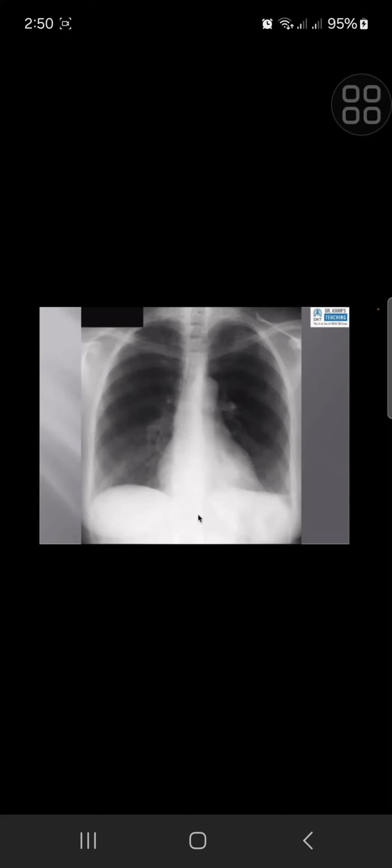The flattening of the left hemidiaphragm is sometimes seen with a pleural effusion with a pneumothorax, and I would like to look closer at the lung apices just to ensure that there is no pneumothorax. Otherwise, this is most likely secondary to a pleural effusion.